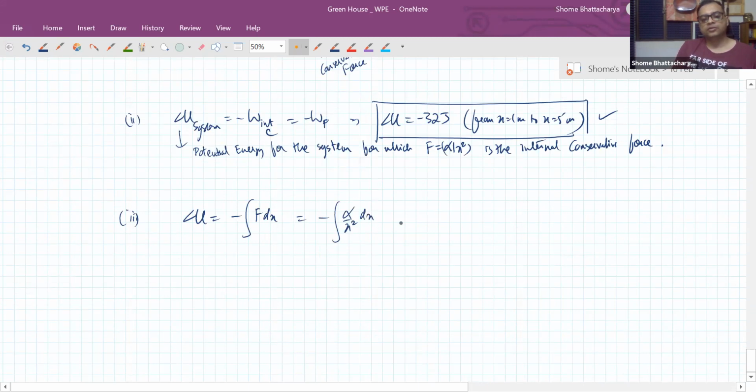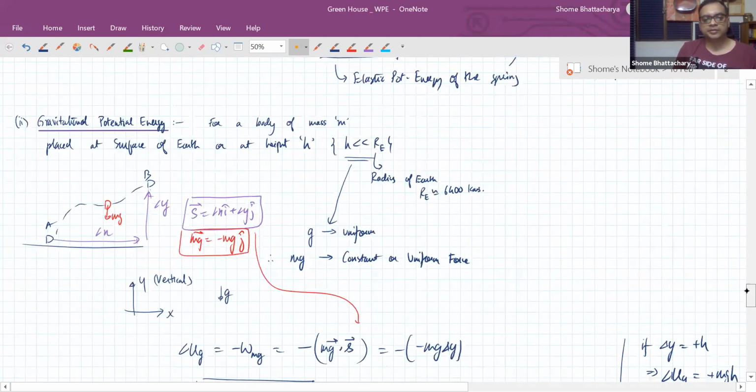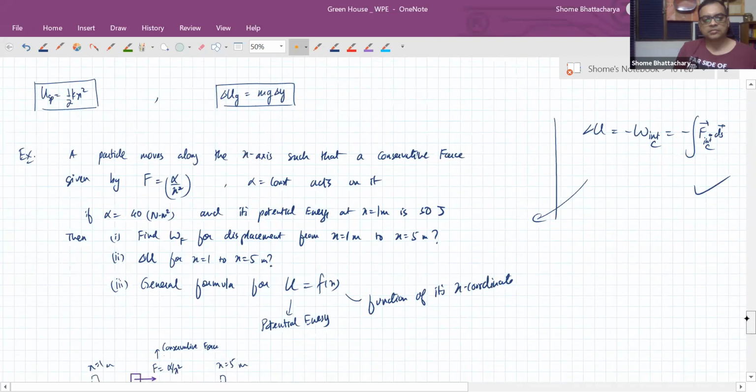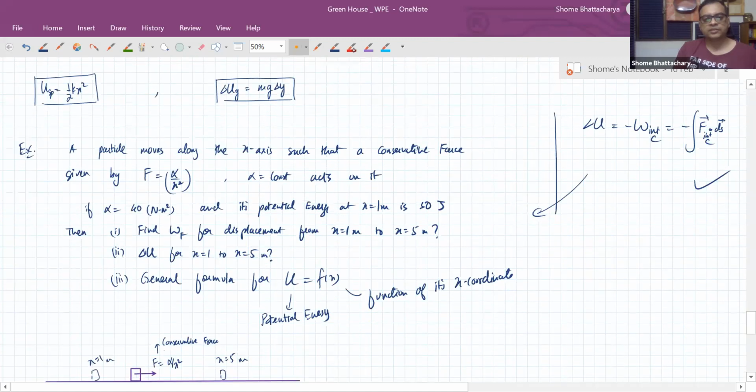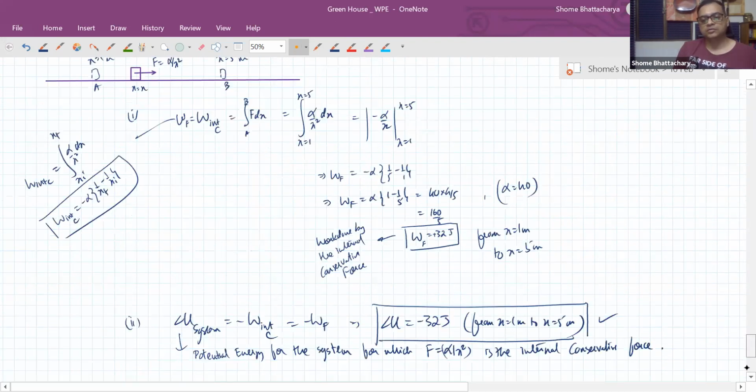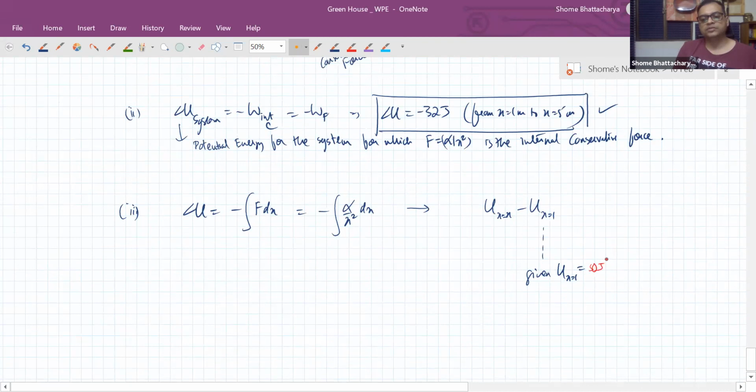Now for this we can take U at some value of x minus U at x equal to 1, because it was given to us that the potential energy at x equal to 1 is 50 joules. So this is given to us as 50 joules.